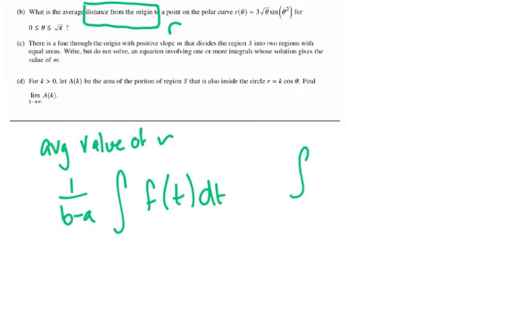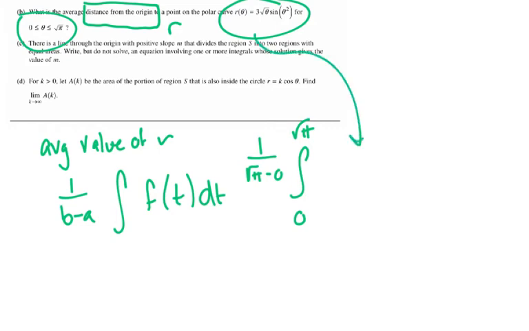So it's very simply, right, our interval is from 0 to rad pi, and its average value, so it's 1 over rad pi minus 0, of our function that we care about, which is just this, not the area, just literally what that function is, parentheses, parentheses, parentheses.